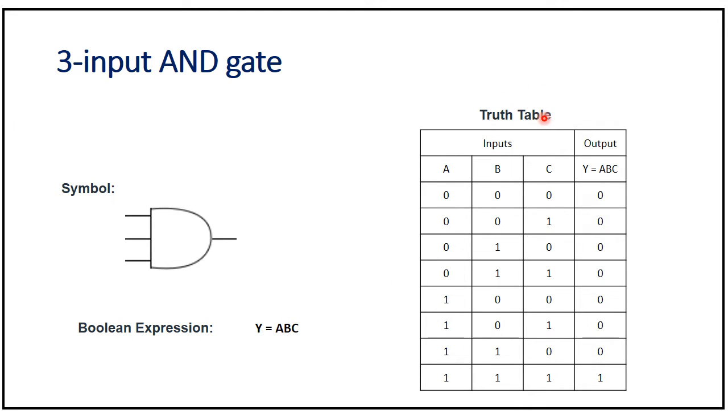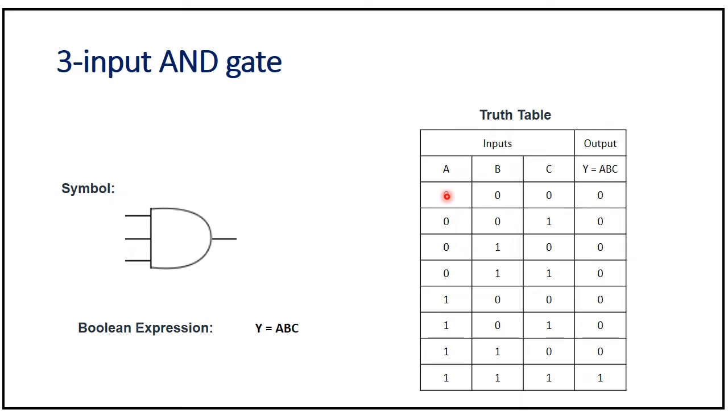Truth table: inputs and output. This is a 3 input AND gate, so it has 3 inputs: A, B and C, and only one output, Y. Here we can see if any one input is a 0, then output of AND gate will be 0. So the mandatory requirement for AND gate is that all inputs should be 1, then your output will be 1.